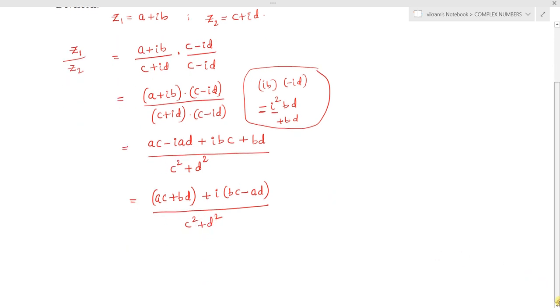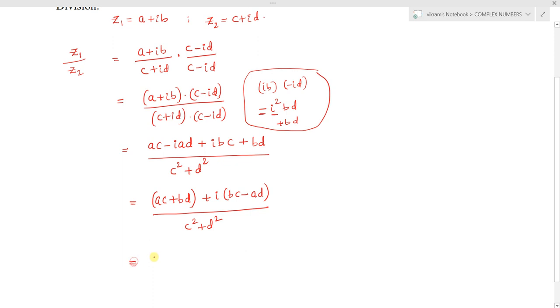So we can write this as ac plus bd by c square plus d square, plus i times bc minus ad by c square plus d square. This is the real part and this is the imaginary part, which is the result of z1 by z2.